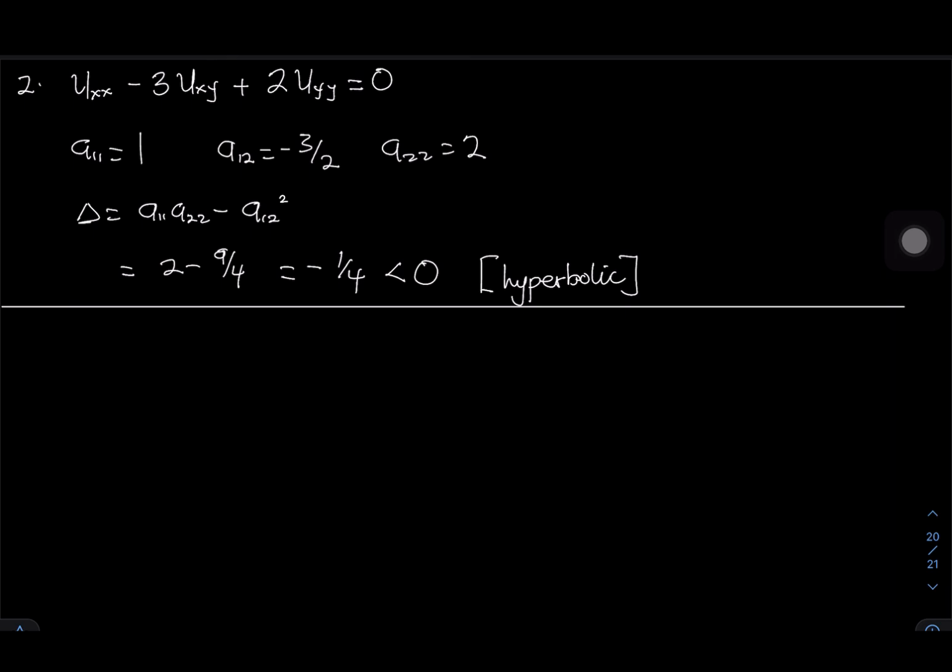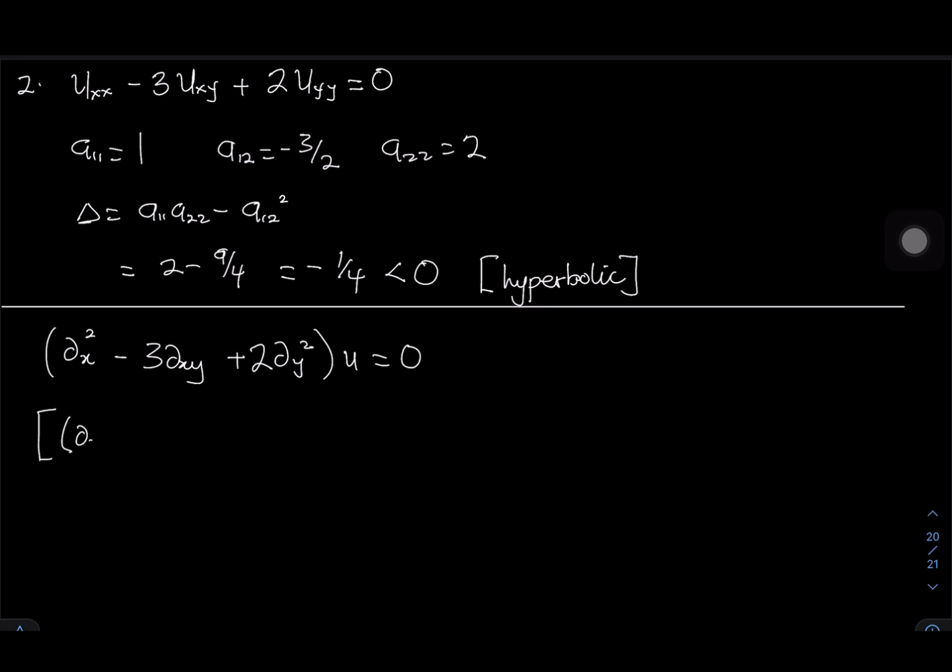First of all, I'm going to write the PDE in this form: (del x squared minus 3 del xy plus 2 del y squared) u equals 0. Here is the trick.